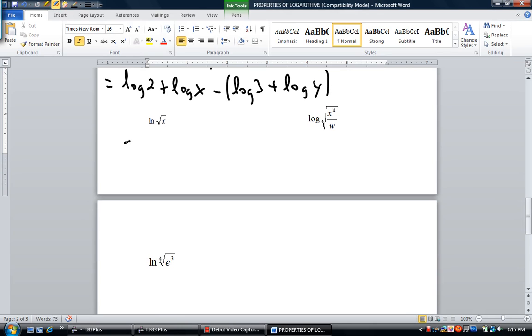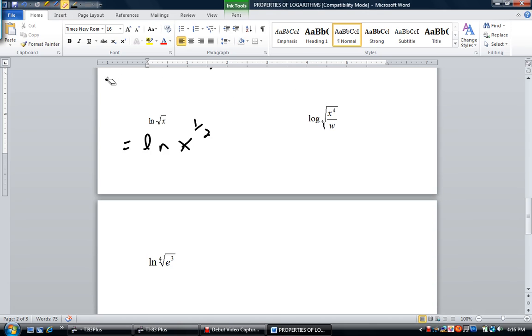We have this one. Now this natural log of square root of x, we're going to rewrite that. Square root of x is x to the 1/2 power. Remember, hopefully you remember, if you've seen another video where I talk about this, there's an exponent rule that applies here.